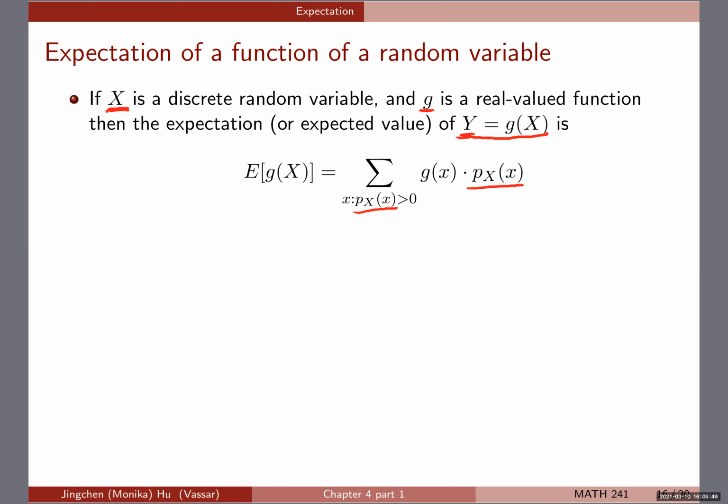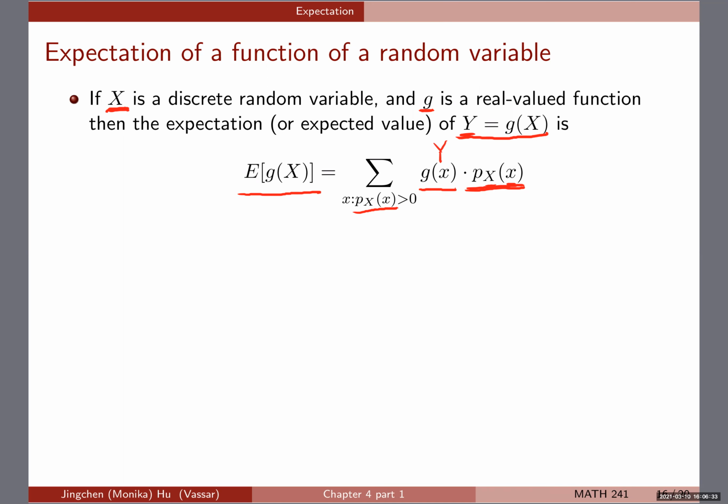So we want to make sure that we're talking about the PMF of X. If I know the PMF of X, this result is telling me that I can get the expectation of this function of the random variable, g(X), which is in terms of Y. So the expectation of Y, or the expectation of g(X), whichever way you do it, actually equals the sum of g(x) multiplied with the PMF evaluated at x, and I sum them up for all of the possible values where the PMF is greater than 0. So this is super handy.